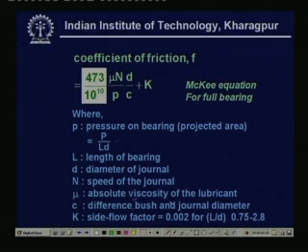Now, you can see a factor 473 divided by 10 to the power 10 is present over here, and that is basically a constant, but this constant actually is dependent on what? This constant is dependent on the units. So, this constant here is mentioned in FPS units.